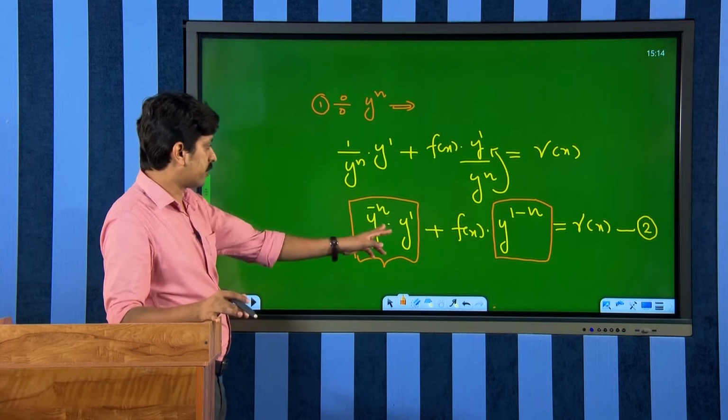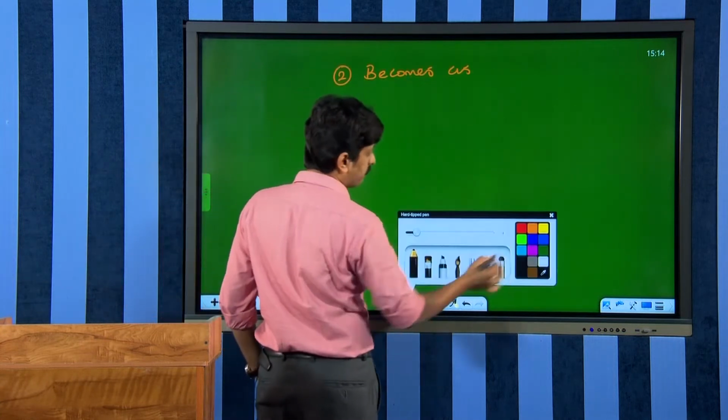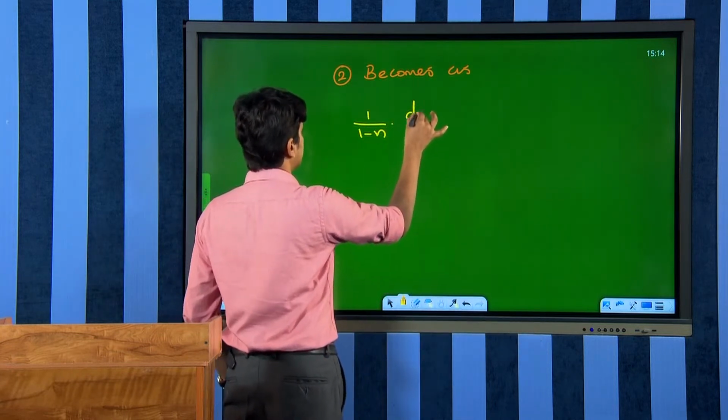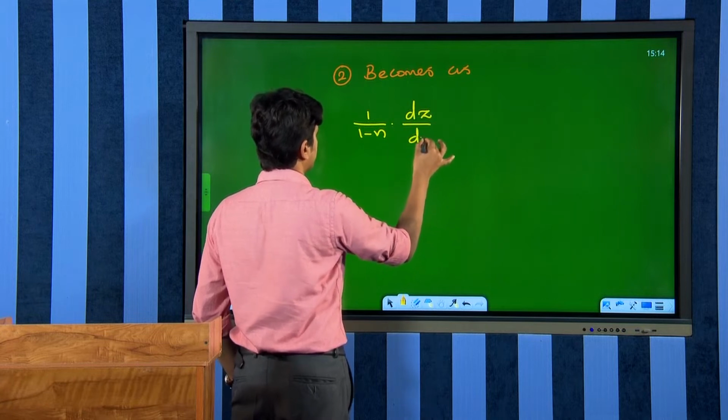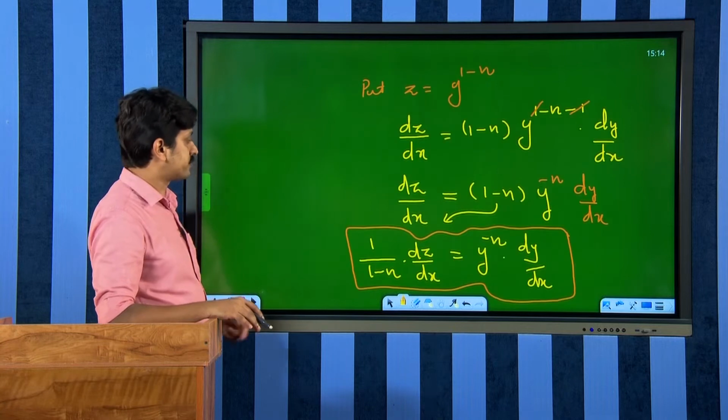So, 1 by 1 minus n into dz divided by dx.